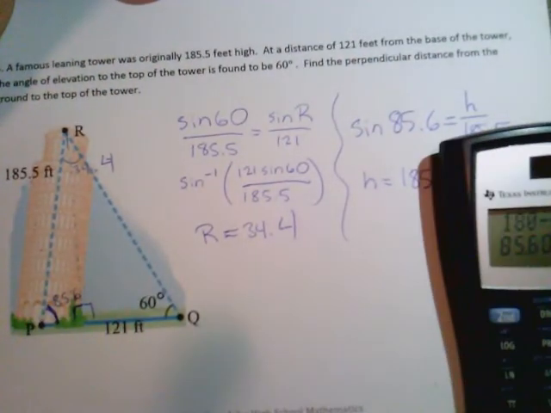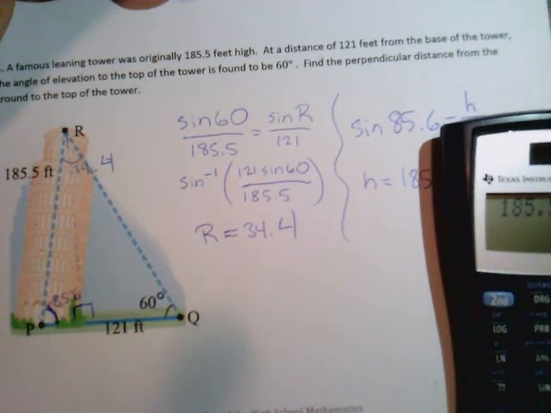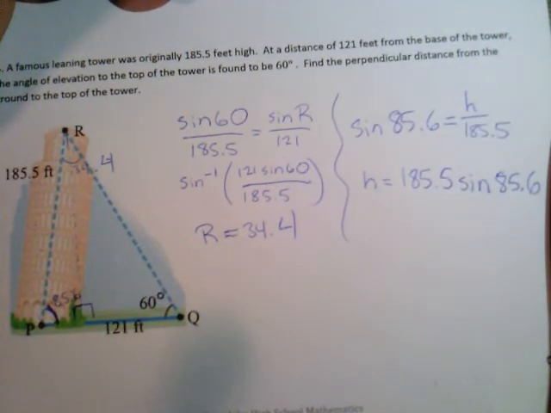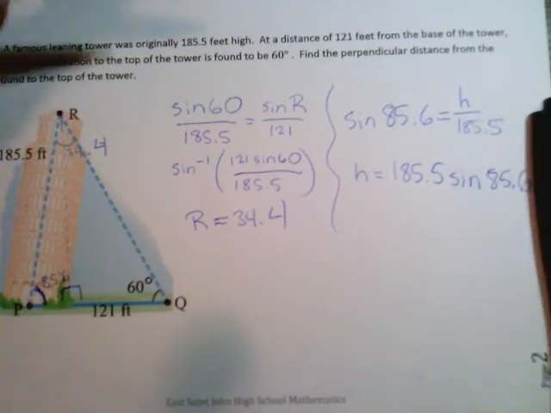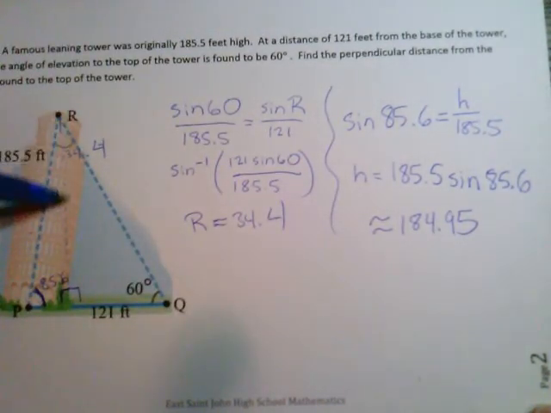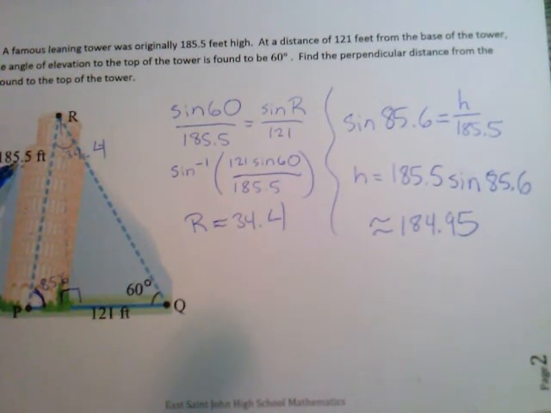So we multiply: h equals 185.5 sine 85.6. And that equals 184.95. So this is the perpendicular distance now. It looks like it shrunk only slightly, only from 185.5 to 184.95, so about a half a foot.